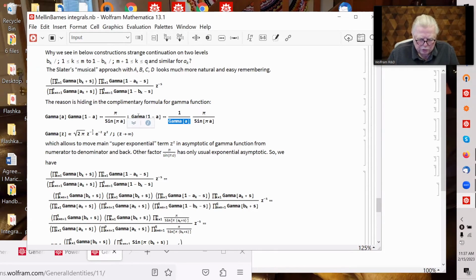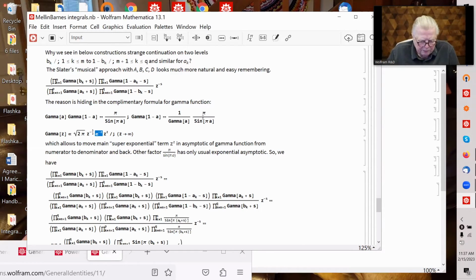So suppose we moved such component from numerator to denominator. And what is it here? Here it is only exponent. You know earlier formulas.